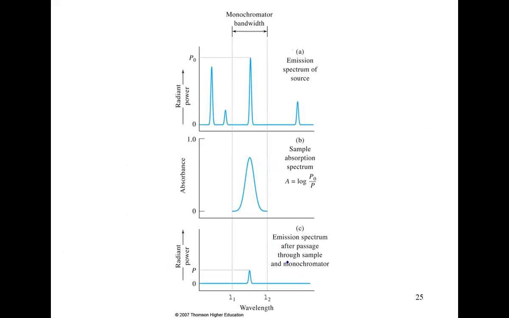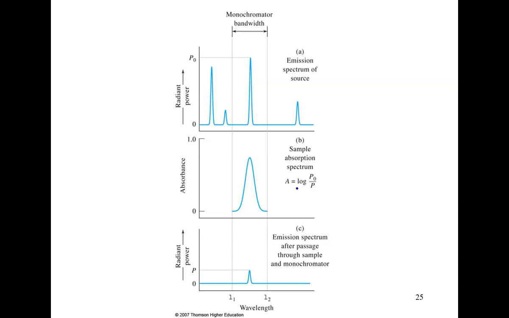If this is our lambda of interest, you need to filter these others out. This is the emission spectrum of the source. In part B, you have to use a filter to remove these other peaks, and then the sample absorption spectrum, where we all know A equals log P naught over P.